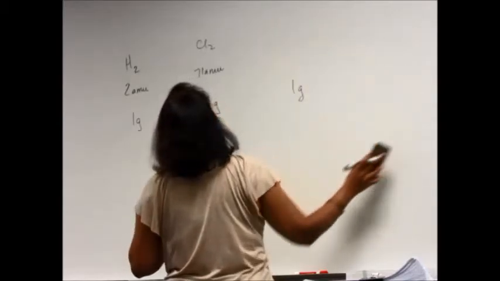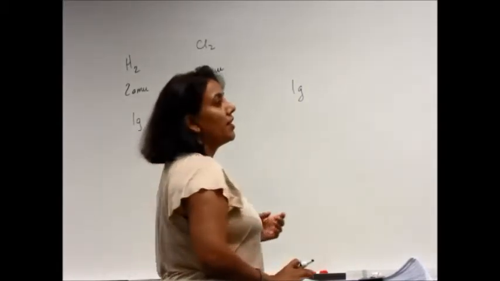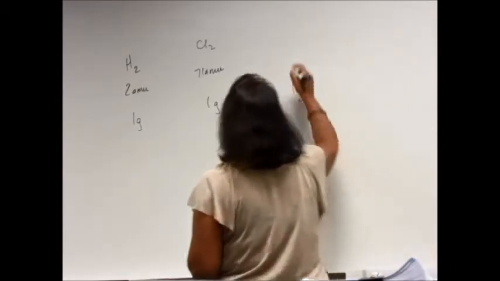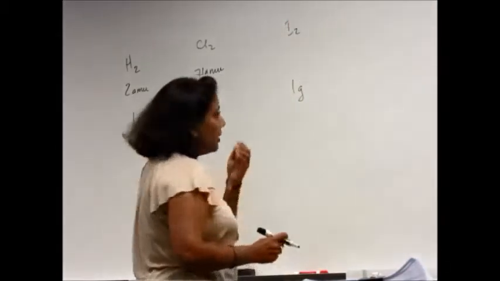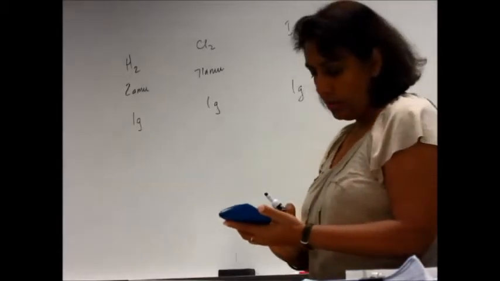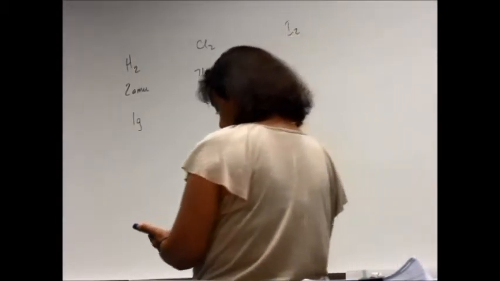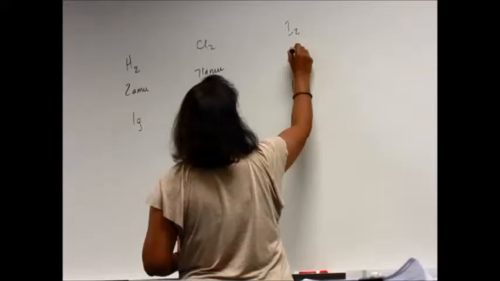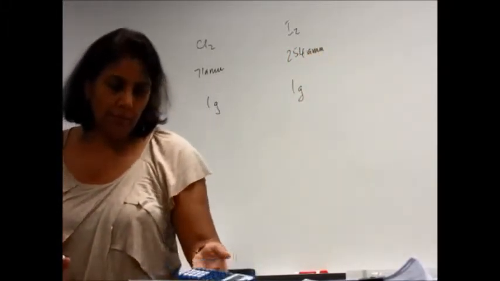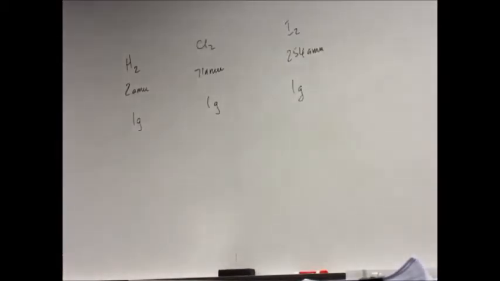So hold on, let's take something else. Let's take iodine because it's simple to calculate. What is it? 126 point, 127 times 2. 254 AMU, approximately. So you have 1 gram of these 3 elements. Which one has the largest number of atoms in it?